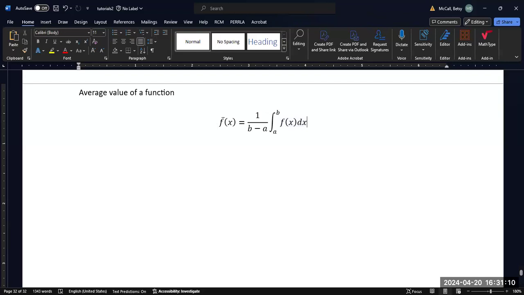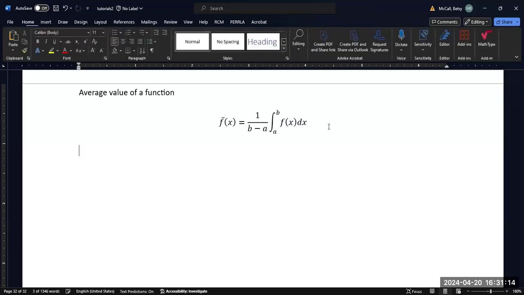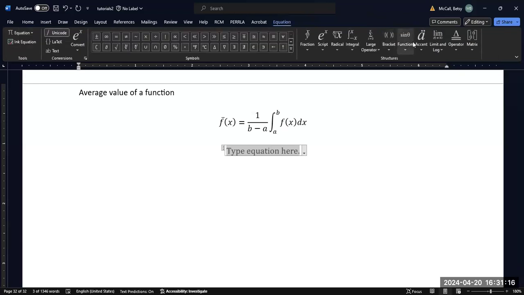Now, there is a 3-dimensional equivalent to this. So the average value of a function in terms of x and y is going to be 1 over the area rather than just the length of an interval.